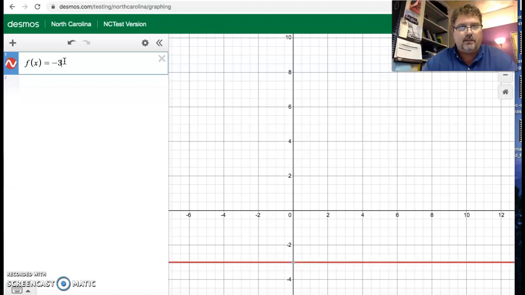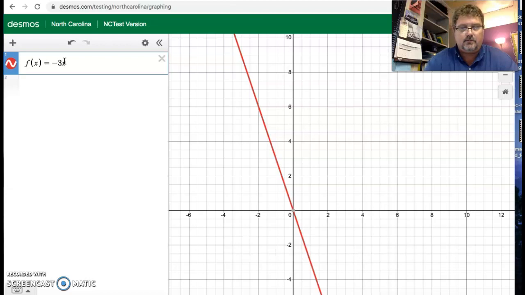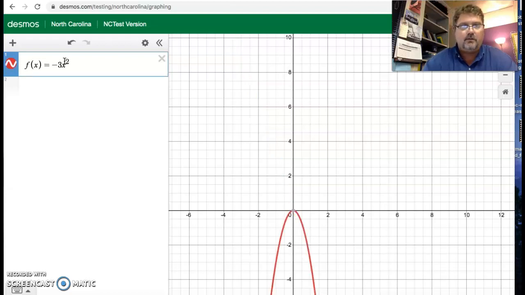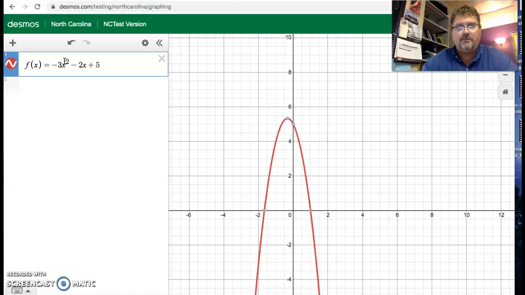We got -3x squared minus 2x plus 5, and at -1, if I can zoom in there, there it is. Function value is 4. Now I don't want you graphing these to evaluate functions. I'm not telling you to do that. I'm just illustrating that it's the same thing. Okay? So basically it's completing an ordered pair.